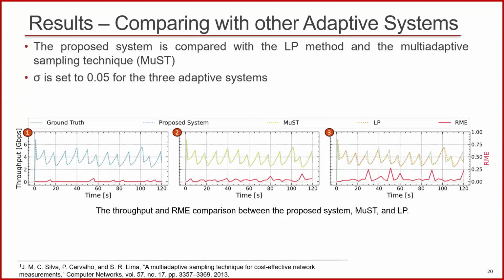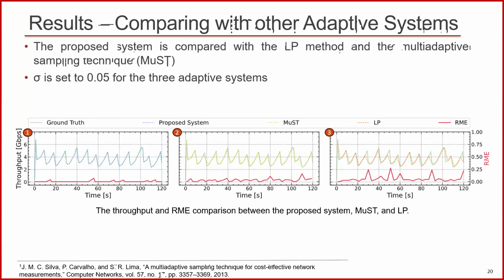Now we compared the proposed adaptive system with the LP method and another adaptive model, the multi-adaptive sampling technique, MAST. MAST is another adaptive model that's based on the LP method, but the main difference is that it not only adjusts the duration or the reporting rate, but it also adjusts the number of samples at each epoch of reporting.